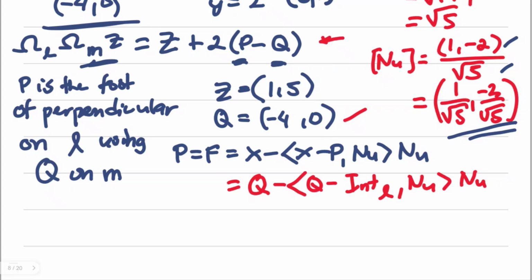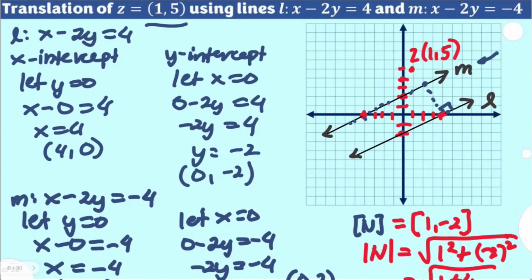So to solve for the foot, we will have here your q, which is actually negative 4 and 0, minus, okay, still your q, negative 4 and 0, minus an intercept on L. Now again, it's up to you which intercept you will be using, but to be consistent, let me use this.